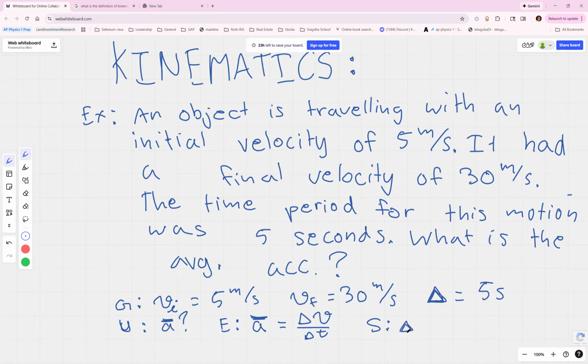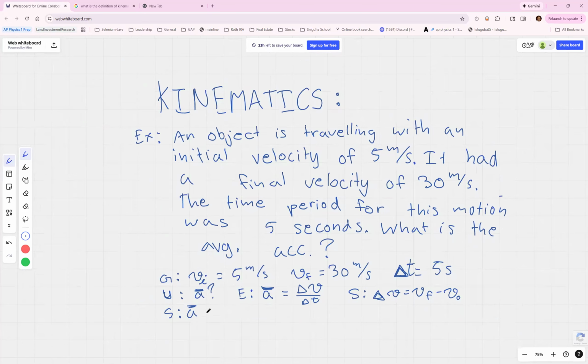You know that delta V is equal to VF minus V naught, and delta T is already implied, we know over here. Oh, I forgot the T. Okay, so now we're just going to substitute our values. A is equal to VF minus V naught over delta t.